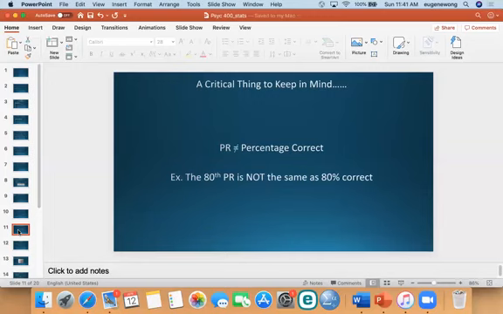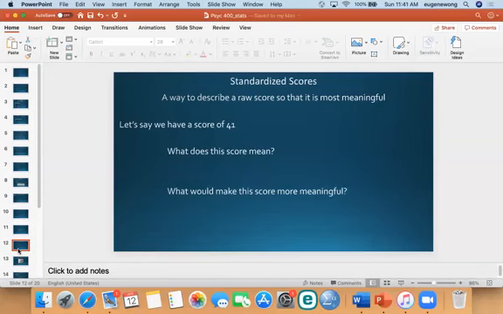So these percentile ranks represent another way to describe numbers or performance. Now we have yet another way to describe numbers or performance. These things are called standardized scores.